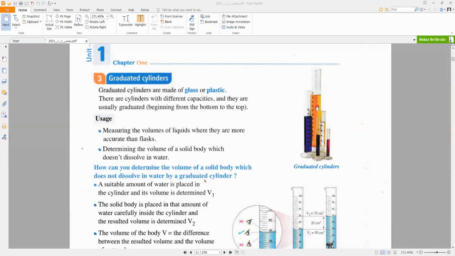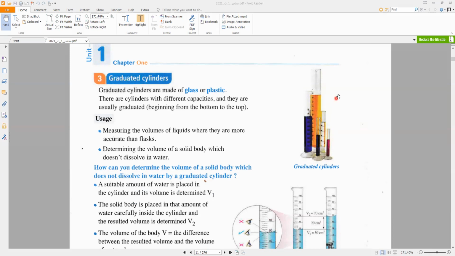To calculate the density, we must know the mass and volume. The mass is known by using the sensitive balance. But the volume of the key is that of an irregular solid substance.